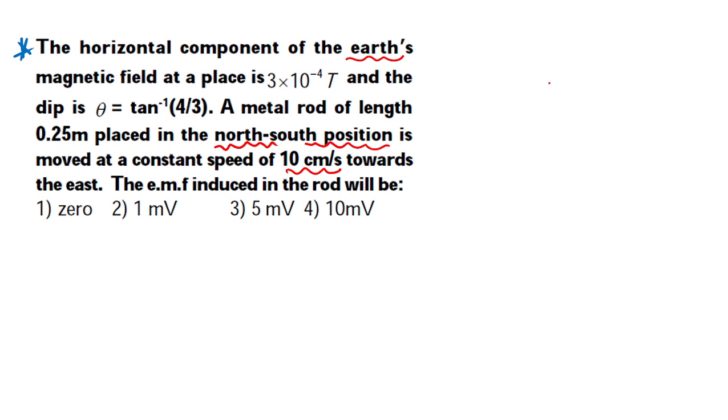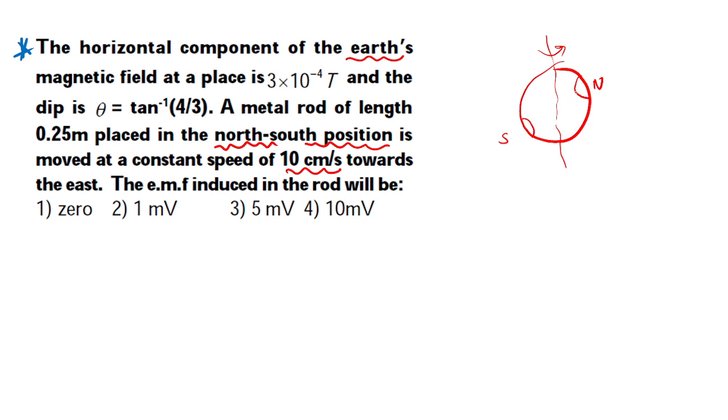Whenever the Earth rotates, it rotates about this axis, but the magnetic field lines are generated from this part to this part, not on this axis. This is a geometrical axis. The field is generated from the north of this one to the south here.